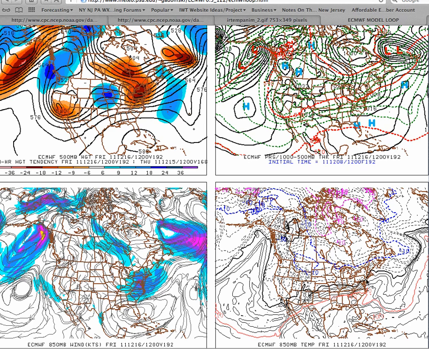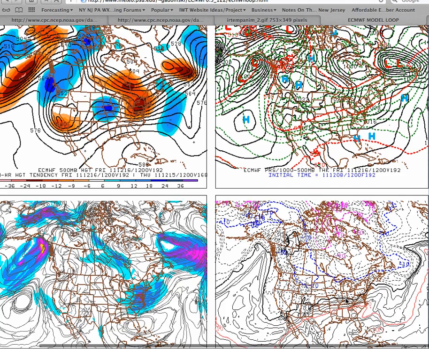When you get this type of thermal gradient setting up, you end up with one thing and one thing only: a potential isentropic lifting event. In other words, cold front stalls out, and you get precipitation developing, light at first, throughout the entire northern Atlantic back through the southern plains.